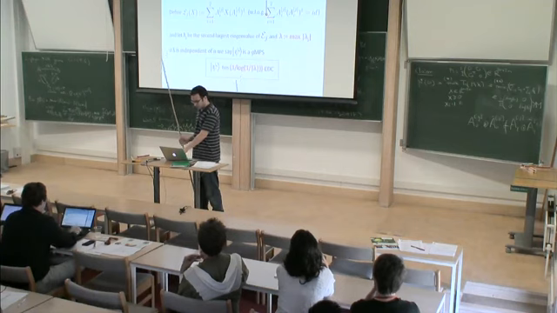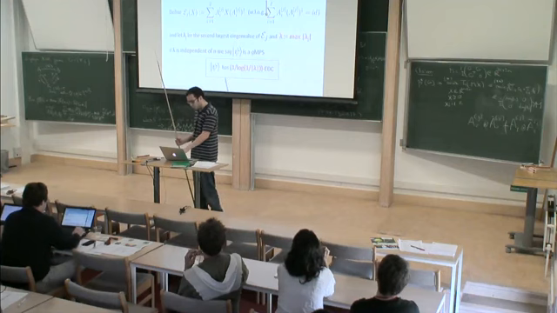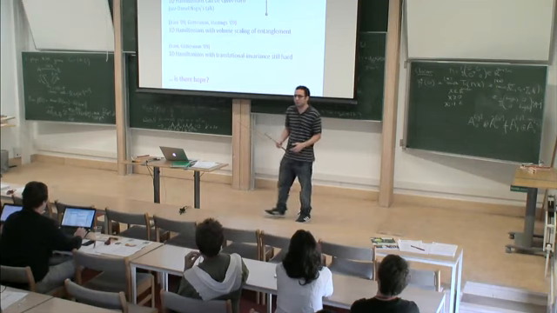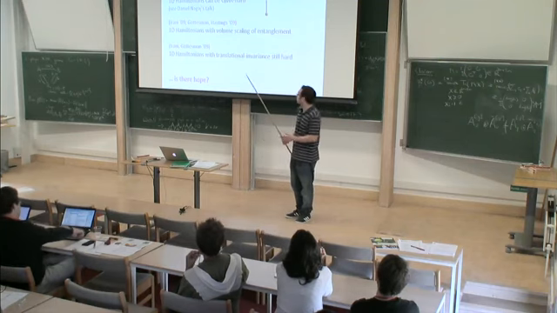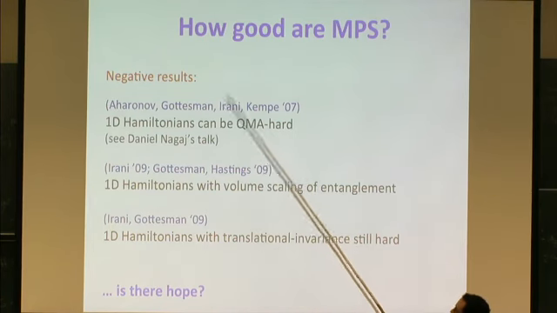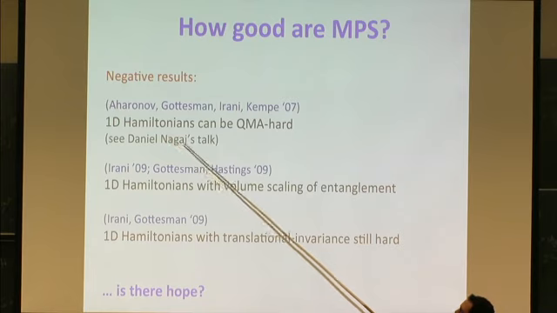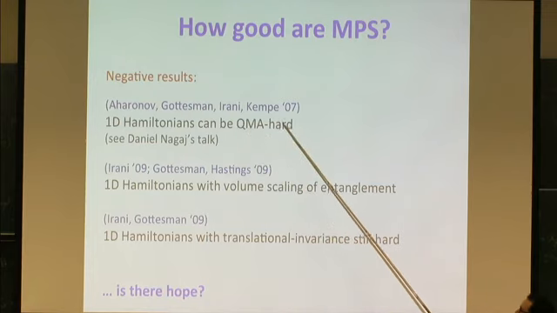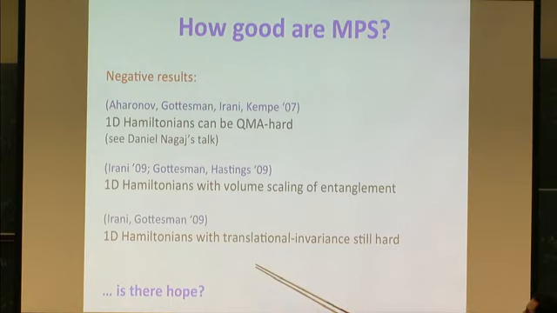Okay. So this is just to motivate MPS and tell some of the properties, but are they good? Yesterday we were seeing whether product states are good and when they are good, and here we can ask the same thing for MPS. There are actually some negative results. Probably Daniel will tell more about this, but first, they can be hard from a computational complexity point of view, QMA-hard, even when you have some translation invariance.